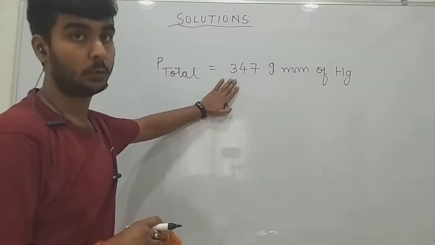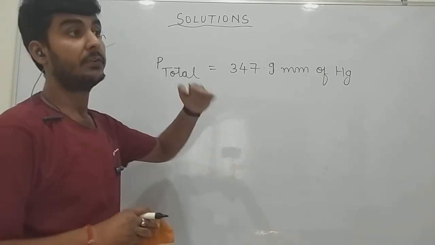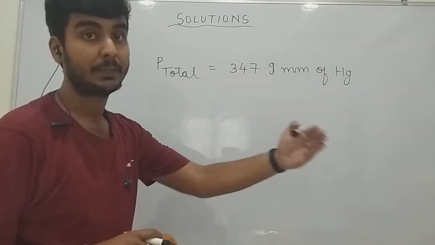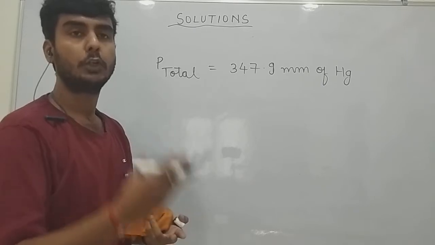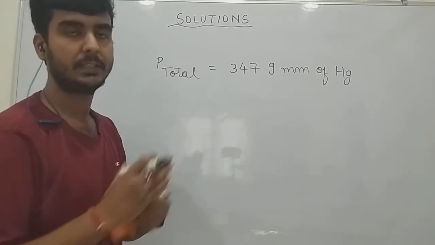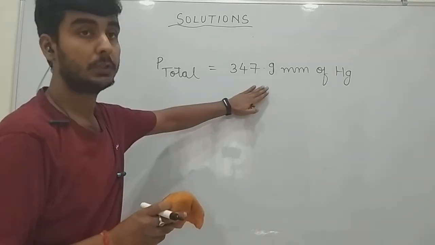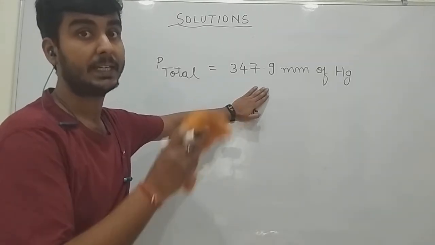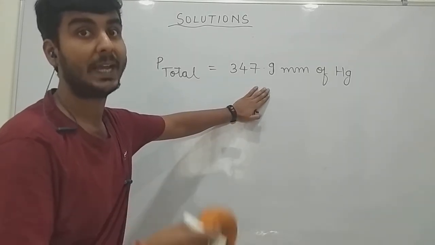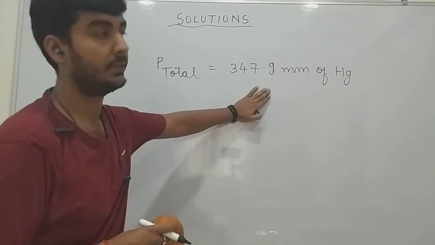Now we will be using Dalton's law of partial pressure. We know the total pressure, and we want to calculate the mole fraction in the vapor state. If we know their partial pressure and the total pressure, we can apply Dalton's law to calculate their mole fraction in vapor state.